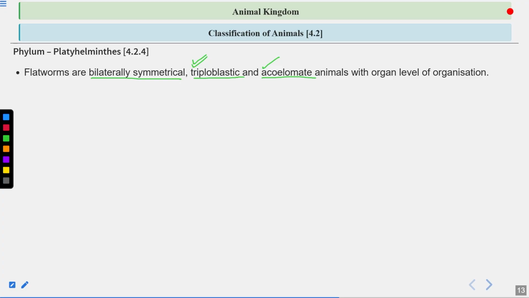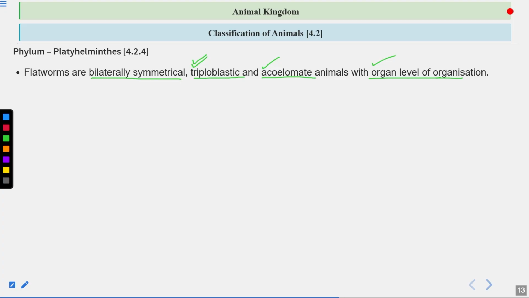Right? And organ level of organization. First time we see organ formation. Before this phylum, they have the tissue level of organization, but here they have organ level of organization. Diploblastic means two germinal layers, that we have seen in the case of Cnidaria and Ctenophora.